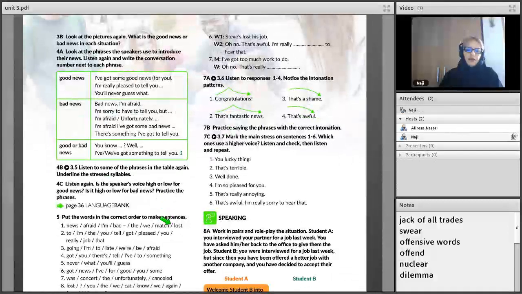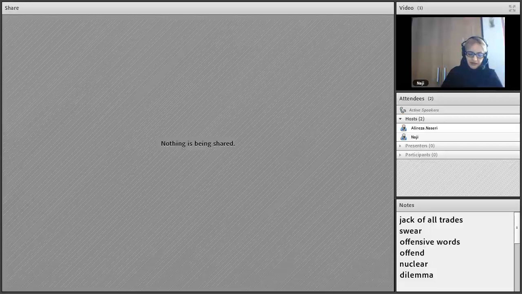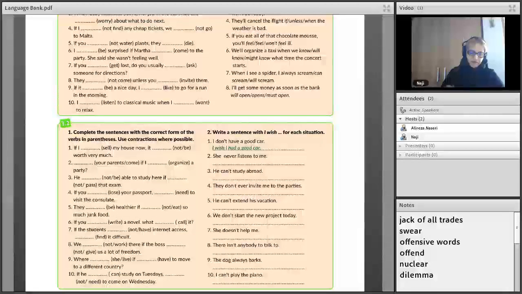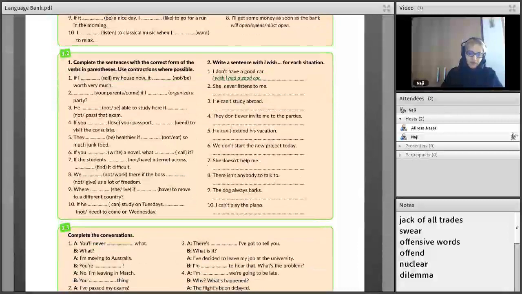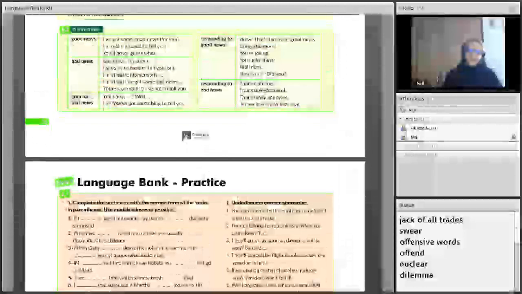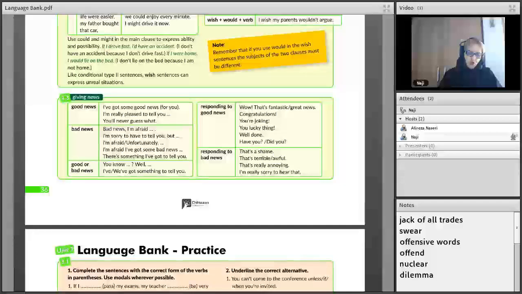Now, let's go to Language Bank once more. Language Bank, page 36, about giving news. There are some phrases that help you to introduce good news, bad news.